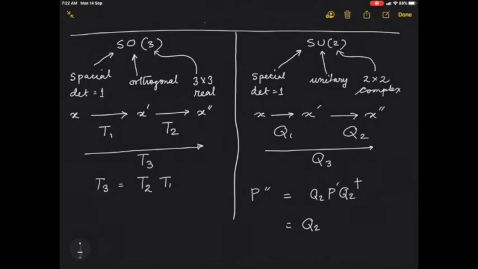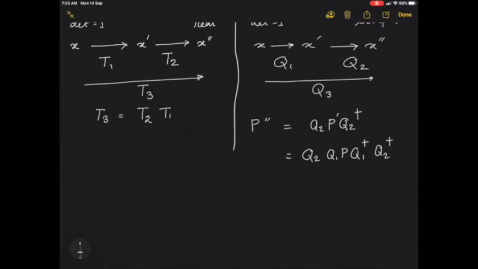But then P prime has come from a transformation which is Q1 P Q1 dagger, and then Q2 dagger. So this Q2 Q1, if I call it Q3, then I have to call this Q3 dagger.